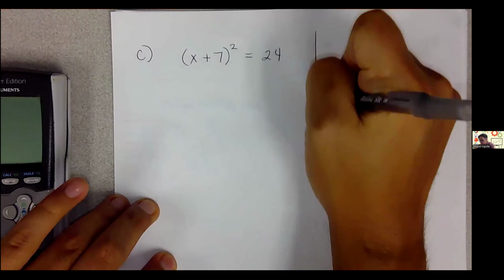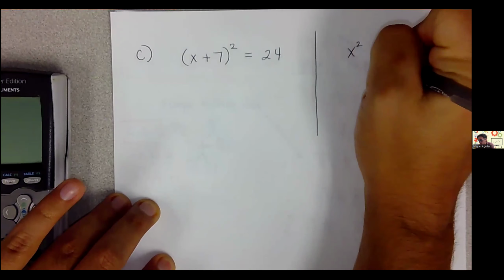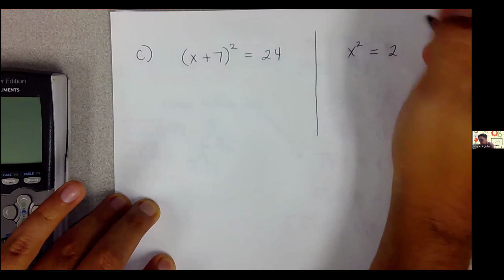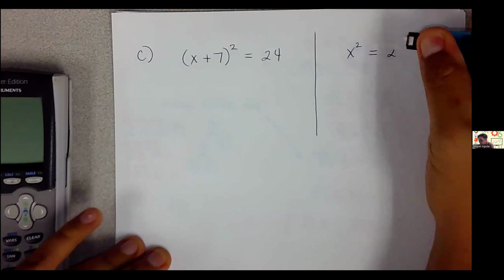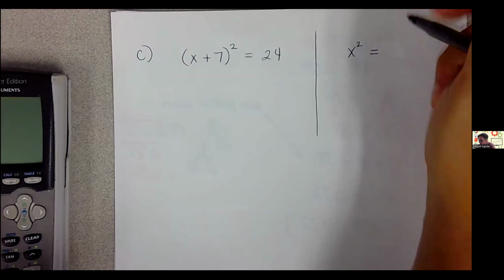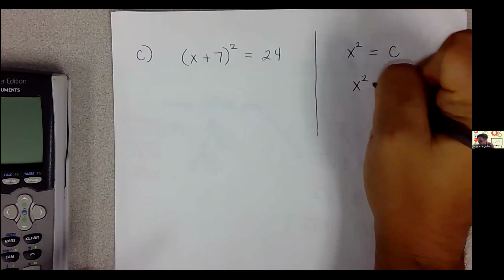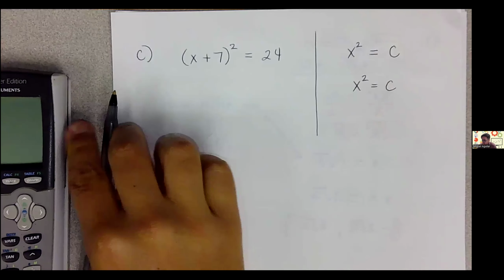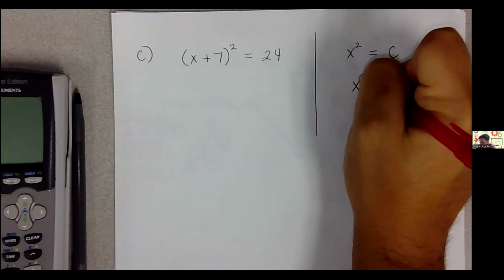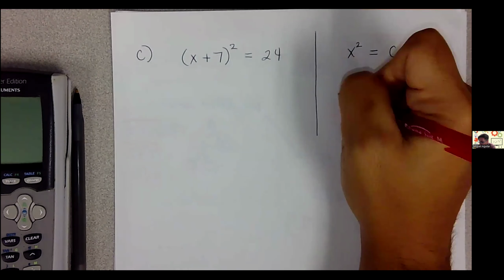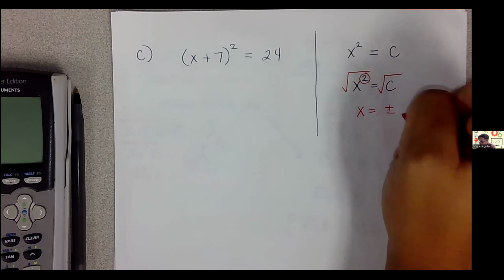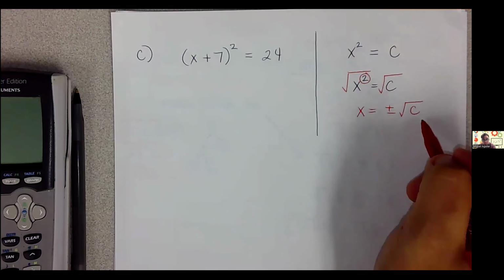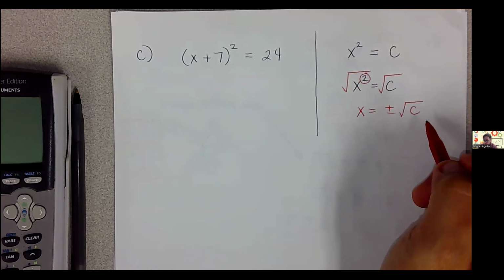It says that if I have something squared equal to a constant C, whatever that number happens to be, then all you need to do is remember that to cancel out the second power, or the square, take the square root of both sides, and then x is equal to plus or minus the square root of C, simplified.